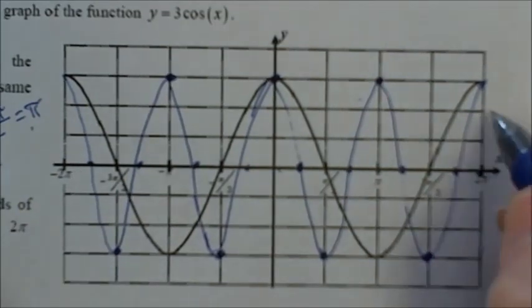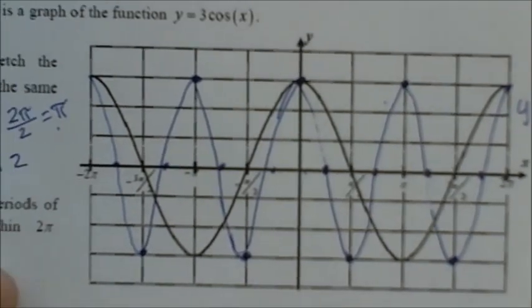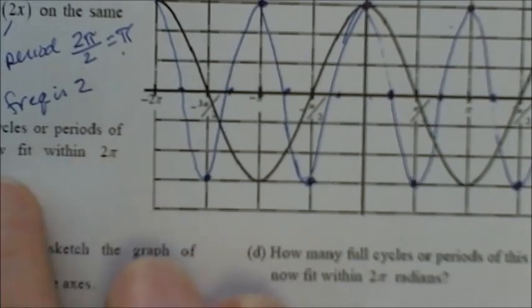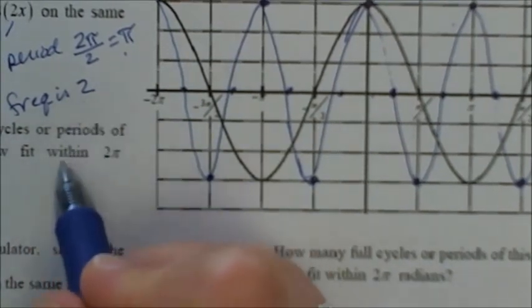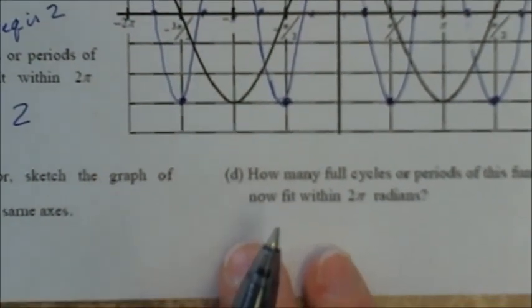All right, so the blue here is y equals 3 cosine 2x, and you can check it with the calculator. How many full cycles or periods of this function now fit within 2 pi radians? Well, that was our frequency. That was 2.